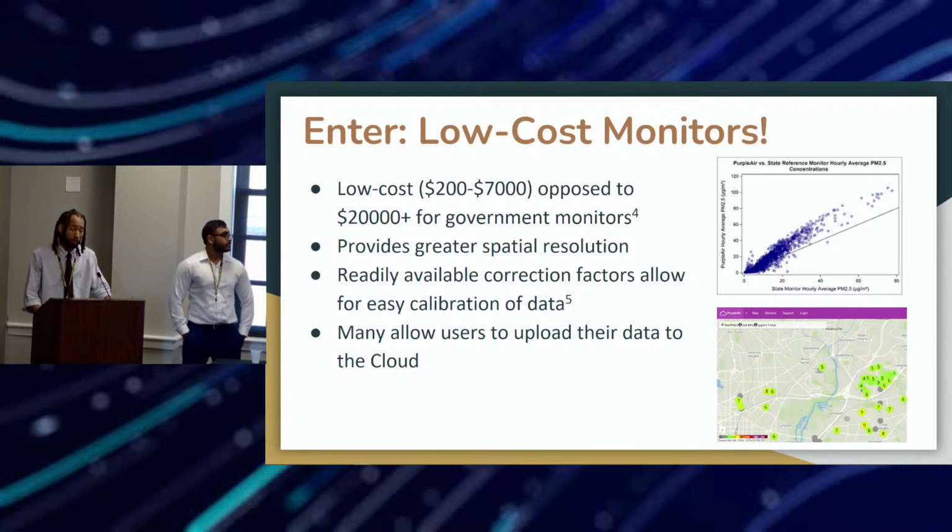but in comparison to what the government monitors cost, it's definitely low cost, and it allows us to cover a greater area and get more granular and specific data to where we're actually placing these monitors, as opposed to the approximation that comes from our government monitors. And what you can see in the bottom right-hand corner, and we'll expand on that further in the presentation, is an example of one of the cloud maps that the PurpleAir monitor specifically has, where you can see multiple data points.